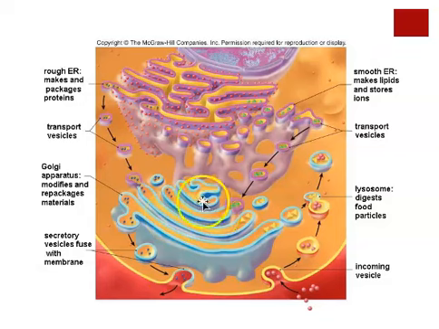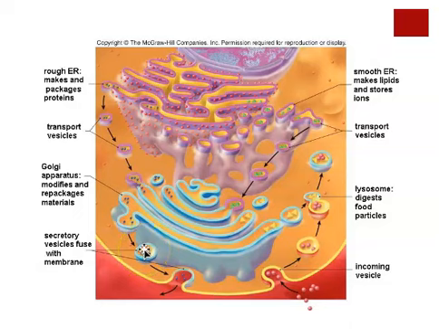Now, once the protein has passed through the Golgi apparatus, which is also a big network of flattened membrane sacs, once it's ready to leave the Golgi, the same thing happens. A piece of the Golgi membrane buds off and creates a new transport vesicle with the protein inside.